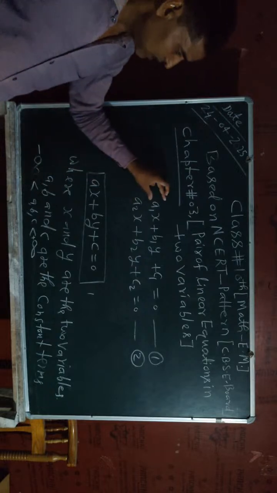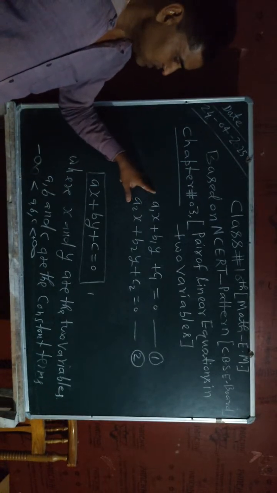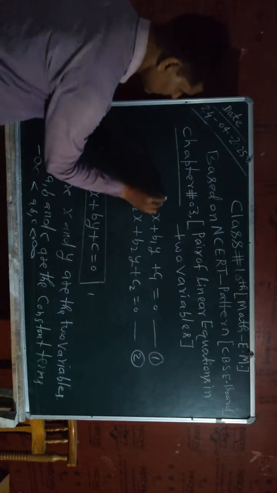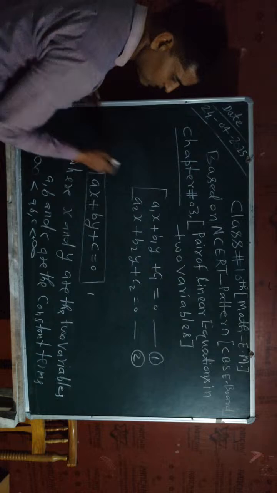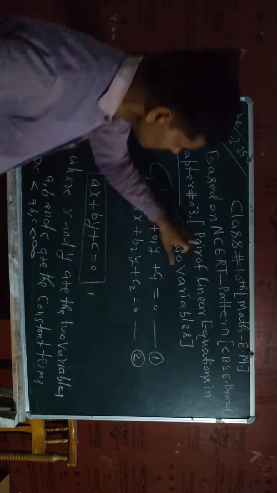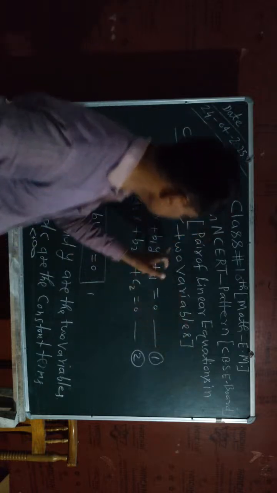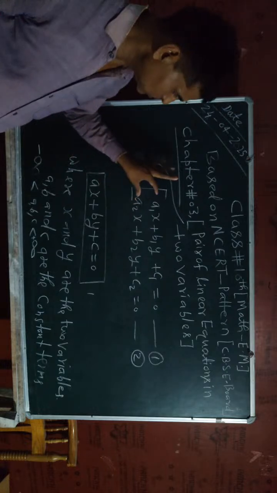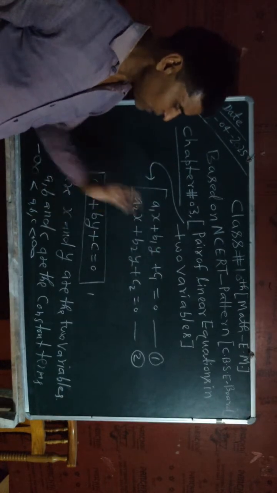So this is the first linear equation, this is the second linear equation, and when I combine these two, I will say this is the pair of linear equations in two variables x and y. So these two equations I have combined.